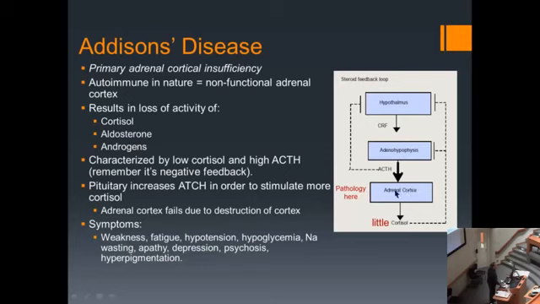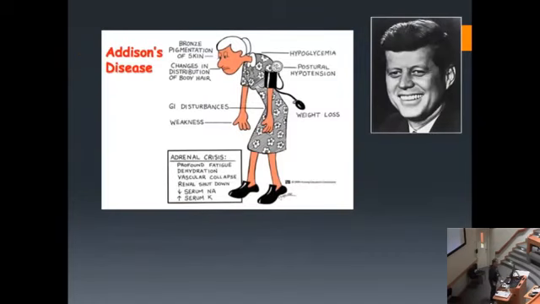And so the pathology is right here within the adrenal cortex. Here we see pituitary increases in ACTH that basically try to stimulate that, and it doesn't happen. And so the symptoms include weakness, fatigue, hypotension, hypoglycemia, sodium wasting, depression, apathy, psychosis, and then hyperpigmentation. Okay, so obviously not pleasant.